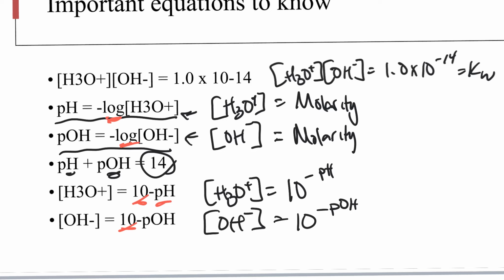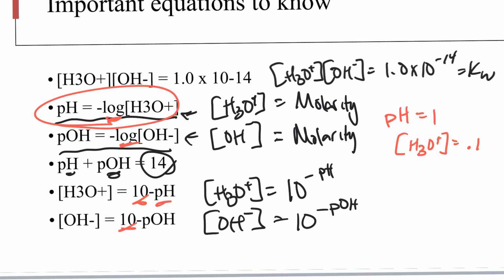For example, for a pH to equal 1, the concentration has to be 0.1. If we plug this back in, we see that 1 is equal to negative log of 0.1.